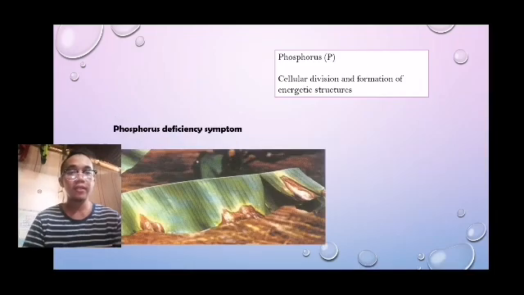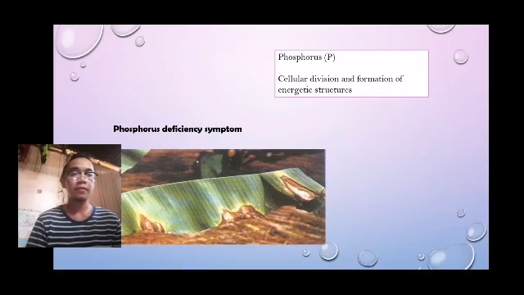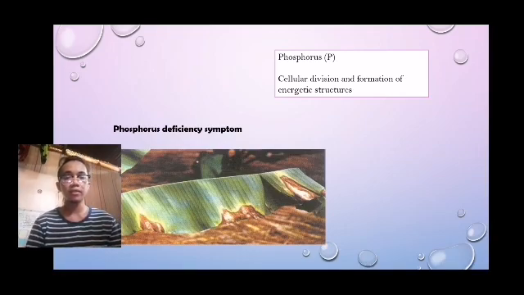The second one is the phosphorus. Phosphorus helps cellular division and formation of energetic structures. So phosphorus helps to produce healthy rhizome and a strong root system. It also influences flower setting and general vegetative growth.